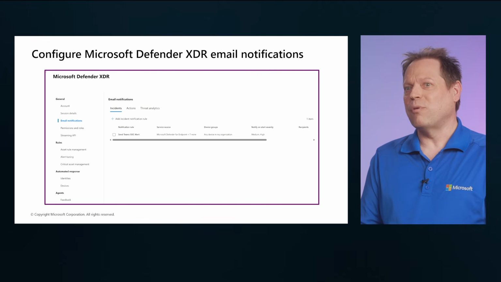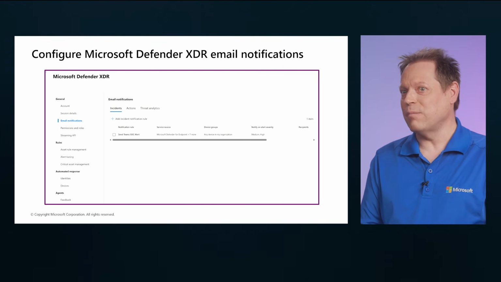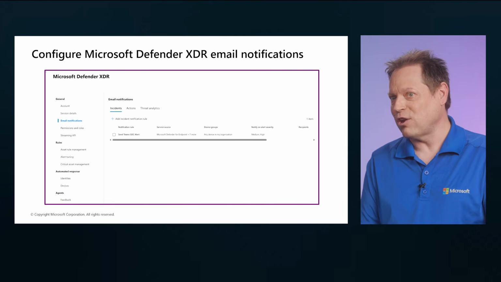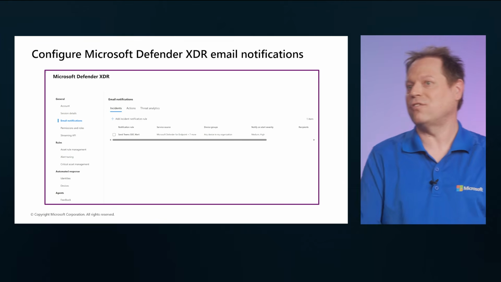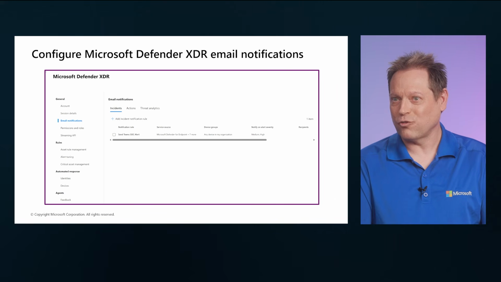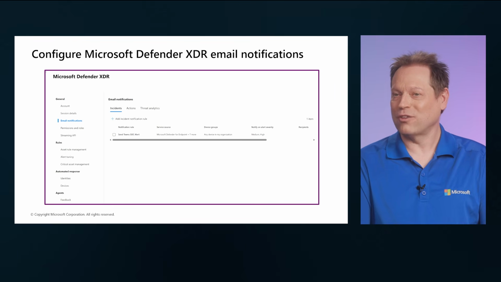To ensure the right people stay informed, you can configure email notifications in Microsoft Defender XDR. This lets you route key security events like important incidents, alerts, or action center updates to the appropriate responder or distribution list, improving awareness and response coordination.